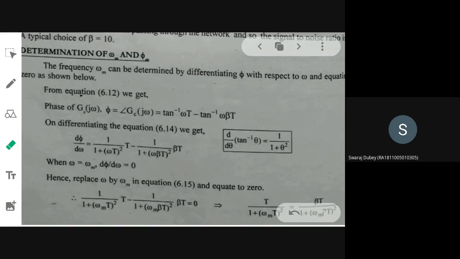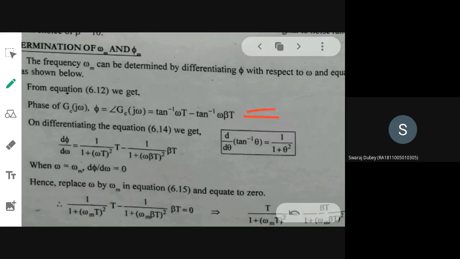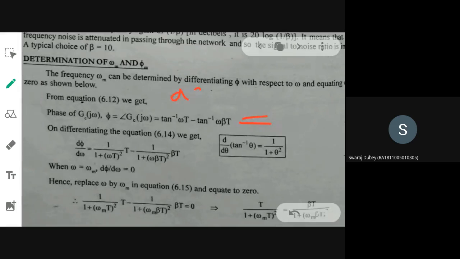Okay, there is a formula that you have to learn for beta, that we will discuss on phi m that we need to know. Now this is your angle expression phi. You are going to differentiate that phi and determine the maximum phase value.